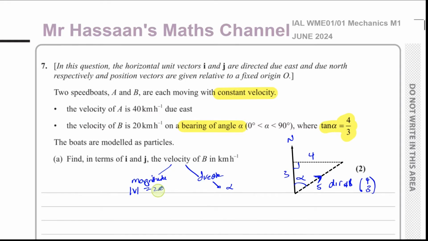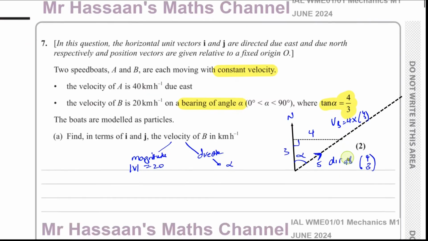We want a vector going in the same direction, but with a magnitude of 20. So it has to be 4 times as long. That would be the velocity of B. So the velocity of B is going to be 4 times the vector (3, 4), which is (12, 16).